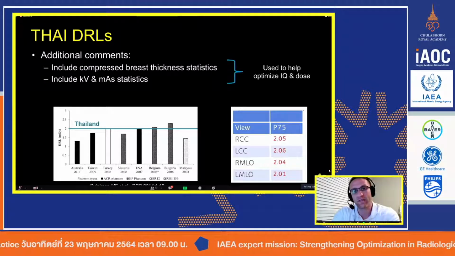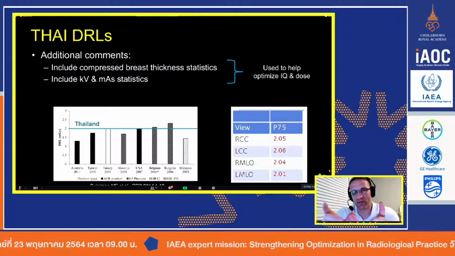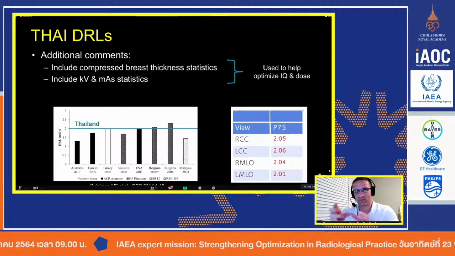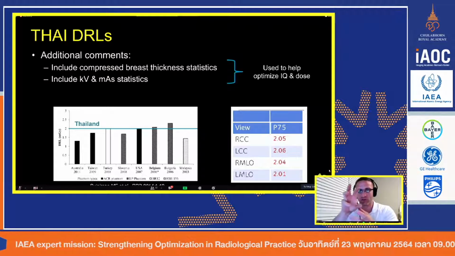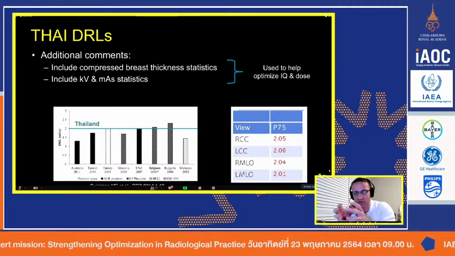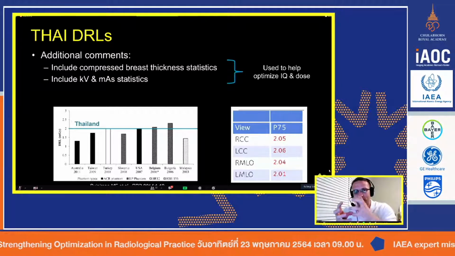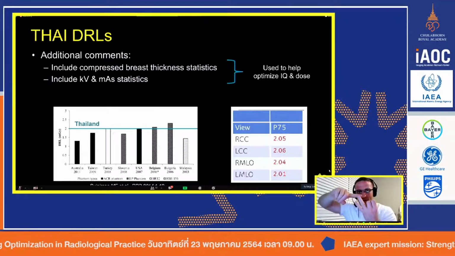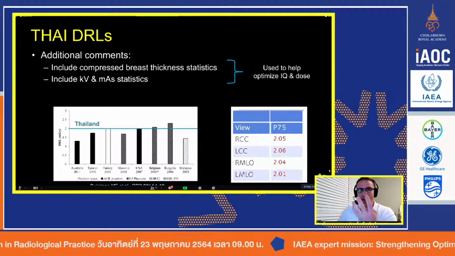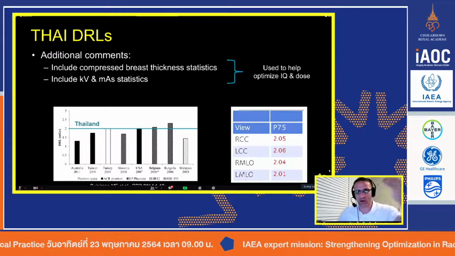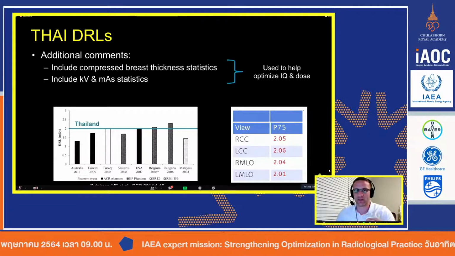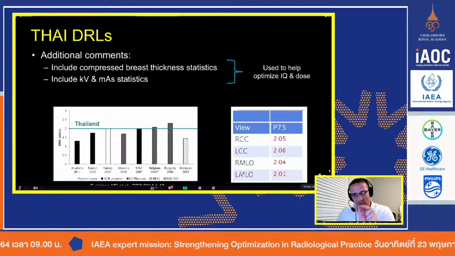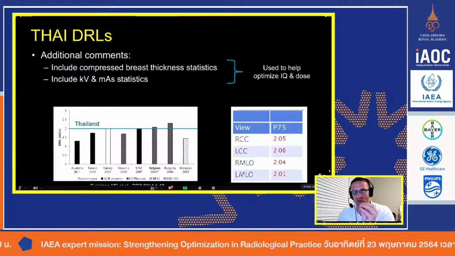So if you set it up so that your mammo unit sends that data as a structured dose report to the Radiometrics at that hospital, and that hospital collects mean glandular dose, kV, mA, all of that, then all of that data can go up to you at the national level and be processed. But you have to make sure that at the local level, the Radiometrics will collect that.